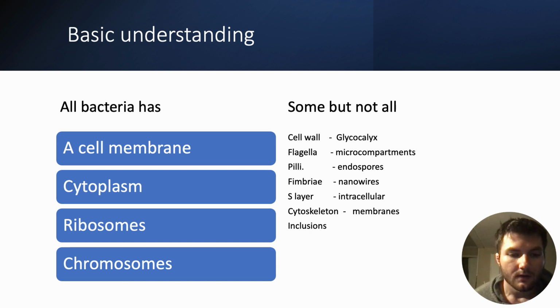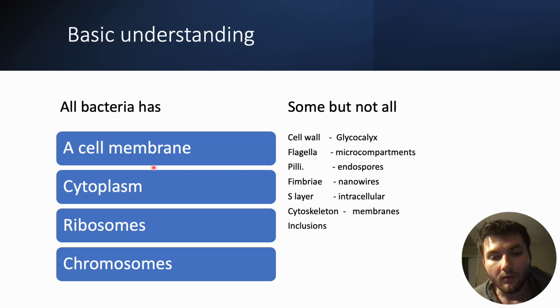So here is a list of things that all bacteria have. All bacteria have a cell membrane, cytoplasm, ribosomes, and chromosomes.